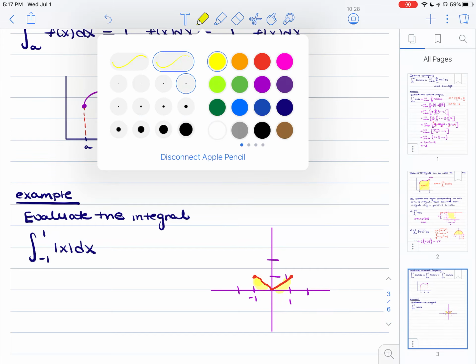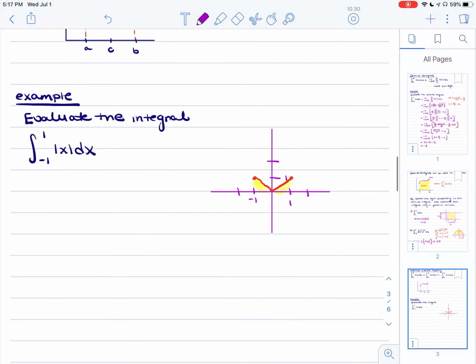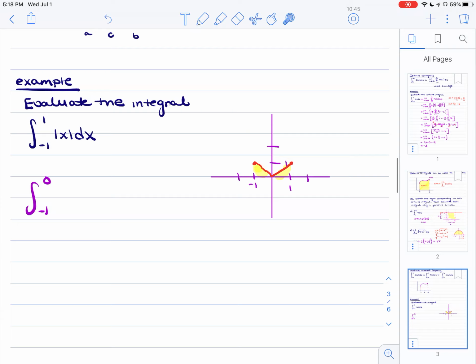So we can think of this as the integral from -1 to 0 of the left half of this, which would be -x dx, plus the integral from 0 to 1 of the right half of this, which would be x dx.